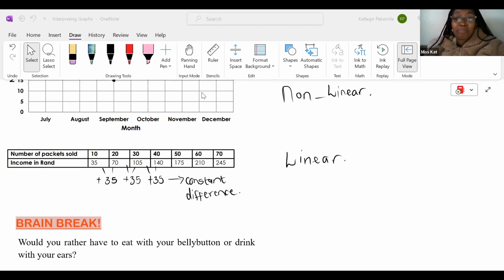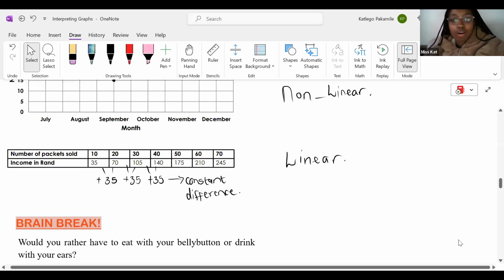I don't know. And I suppose if you're drinking from your ears, you can just carry a straw with you everywhere you go. Exactly. Just carry a straw, guys. I am not having this thing of drinking with your ears. No, guys, belly button. What's wrong with y'all?